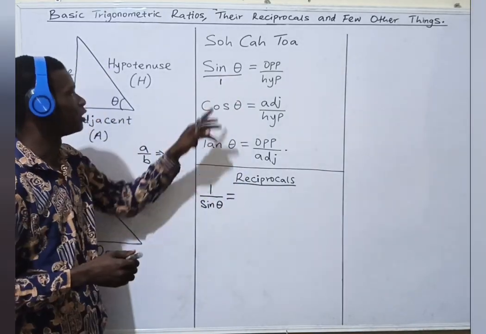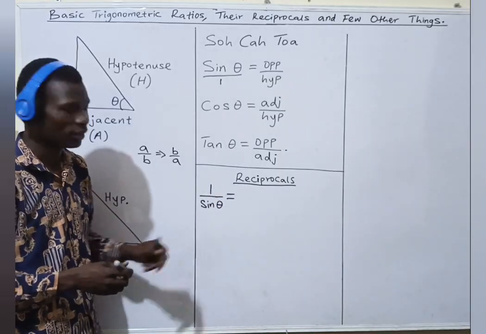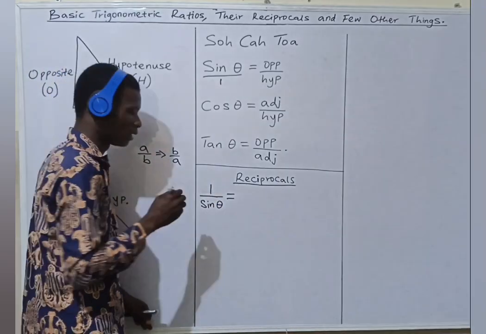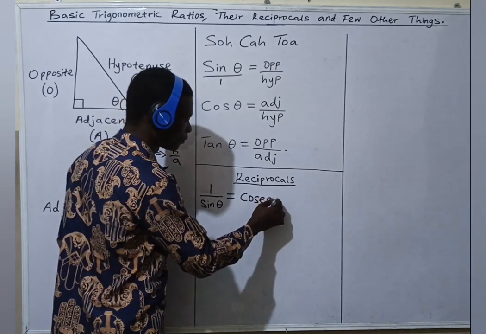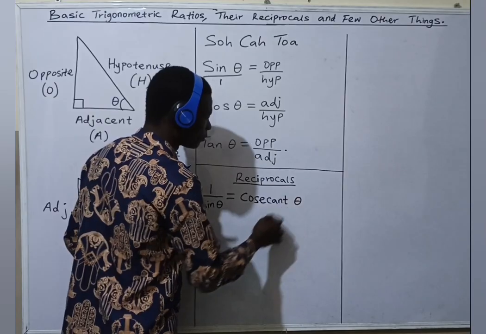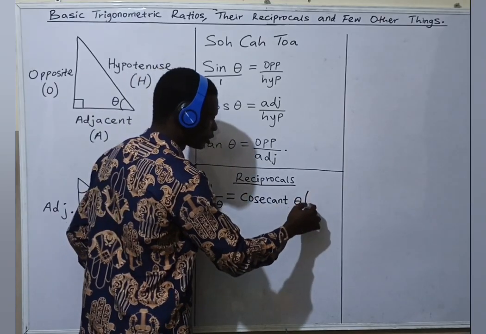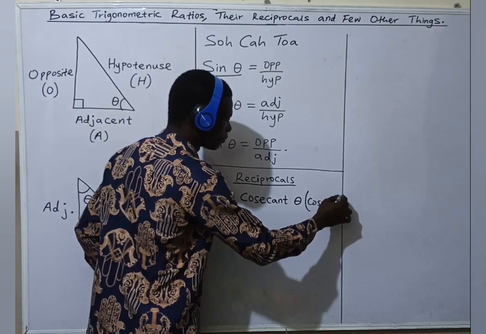So what is going to be the reciprocal of sine theta? Of course, it's going to be 1 over sine theta. And 1 over sine theta is called cosecant theta. It is usually shortened as cosec theta.